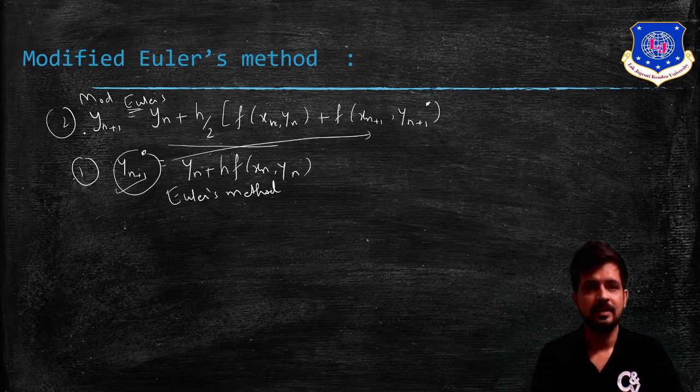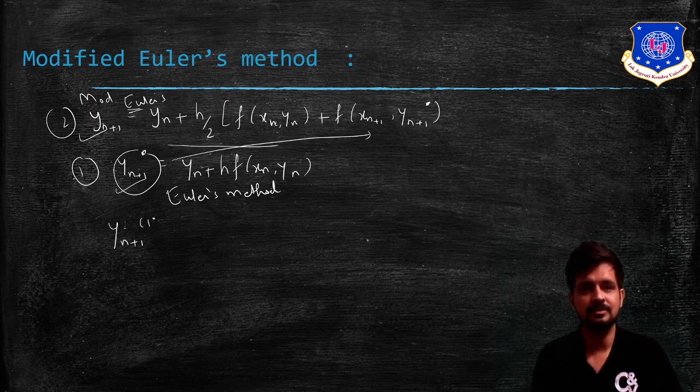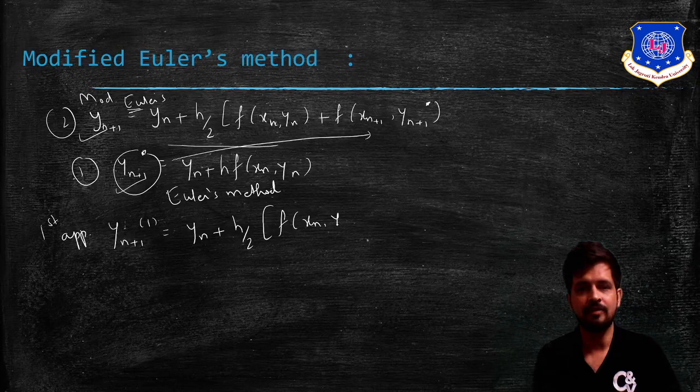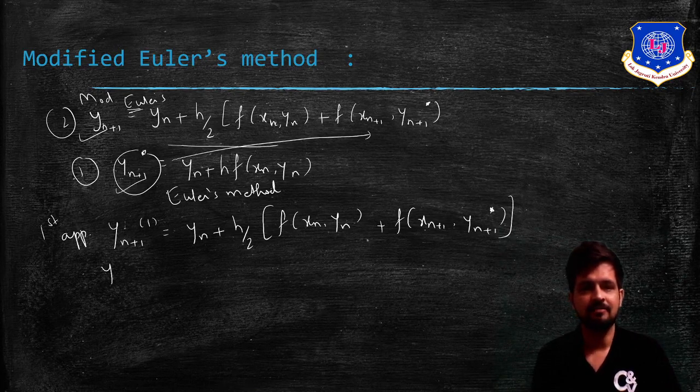In yn plus 1 there will be various approximations. For example, yn plus 1 superscript 1 is the first approximation of yn plus 1. To find this, yn plus h by 2 times f of xn, yn plus f of xn plus 1, yn plus 1 star. For the second approximation of yn plus 1, we replace this yn plus 1 star with the new value.